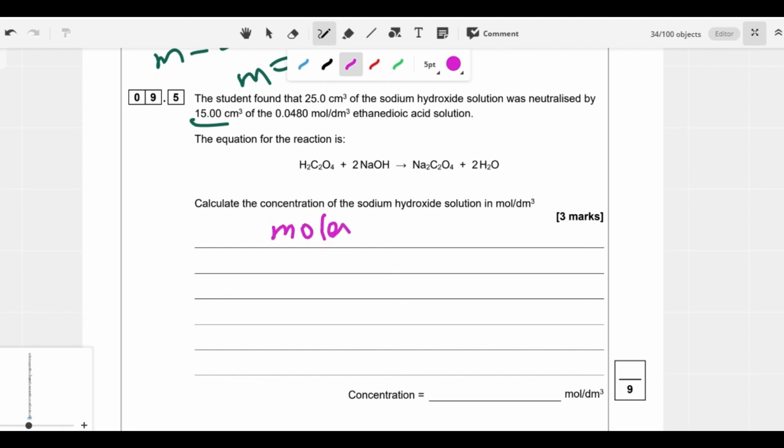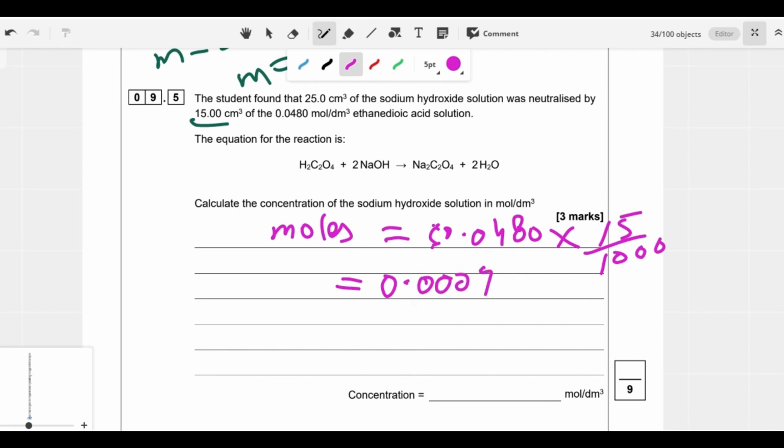The moles of ethanedioic acid will equal the volume times concentration, or concentration times volume. So the concentration is 0.0480 times 15 over 1000. Here you get 0.00072.